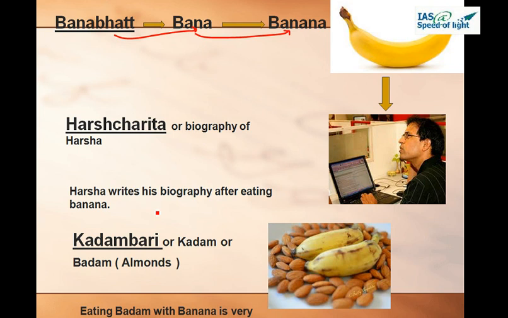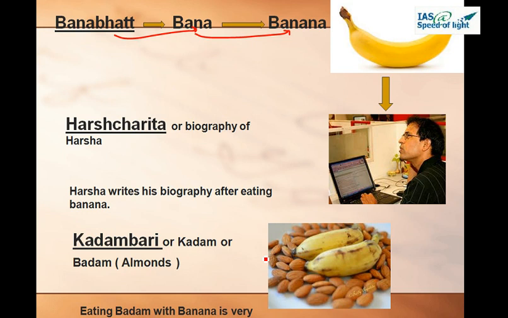So Harsha Bhogle writes his biography after eating banana. Imagine that picture, Harsha Bhogle eating banana and then writing his own biography. So Bana Bhatta is banana, and we are attaching it with Harsha Charitra, the biography of Harsha. So Harsha writing his biography after eating a lot of bananas.